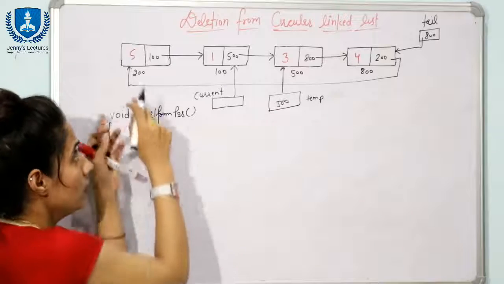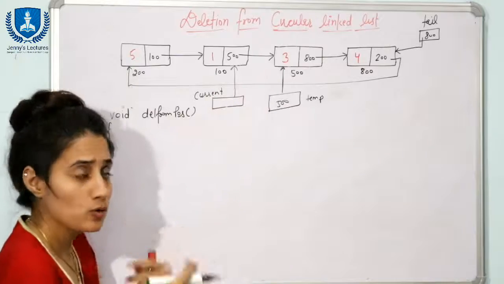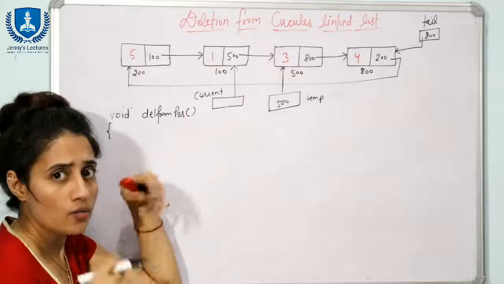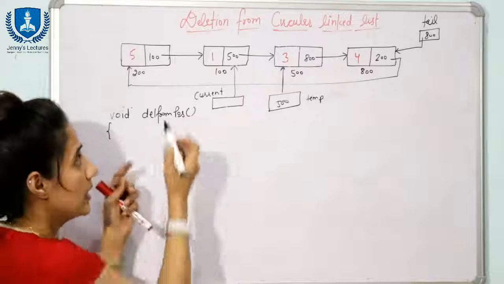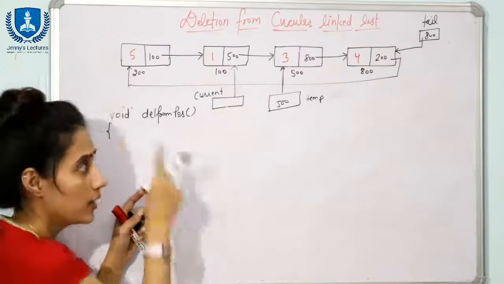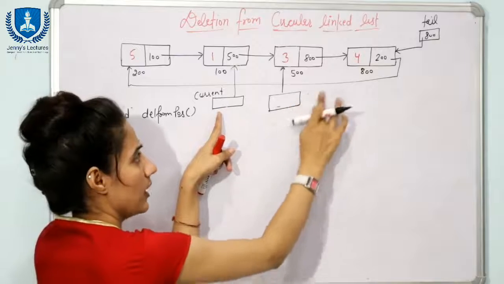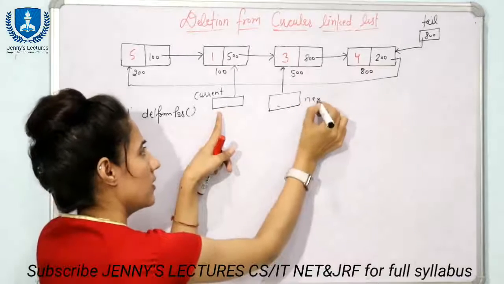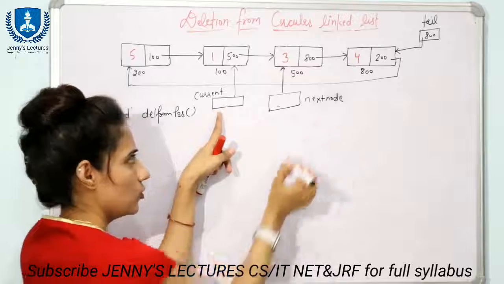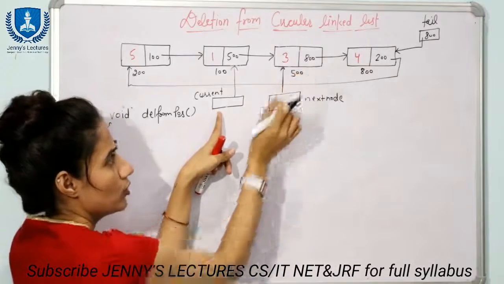So now we need to traverse the list to reach till here, right? So suppose position is 3, we will traverse the list till position minus 1, that is till here. We have taken one pointer current and we have traversed till here, and now we are going to stop, right? And this is, suppose, not temp, I am taking the name next node. You can take temp also, right? So now how can we set a pointer to this node directly?